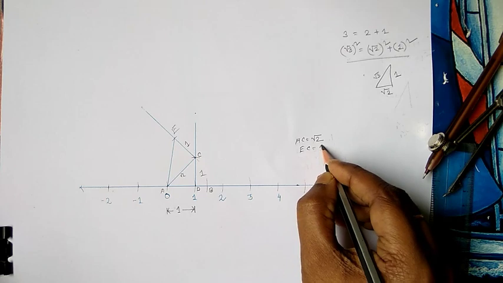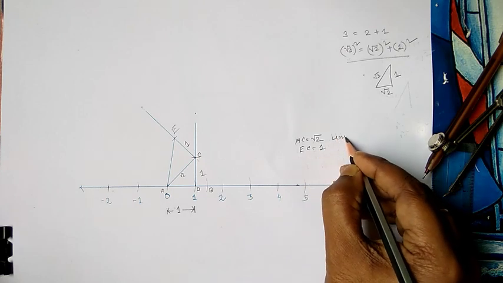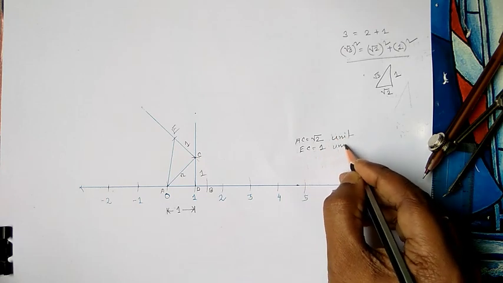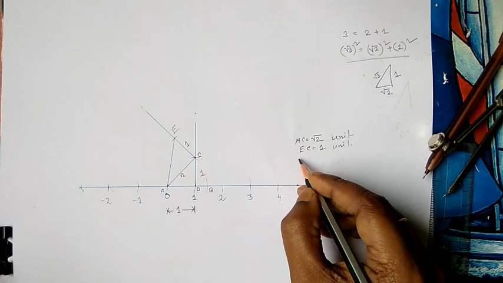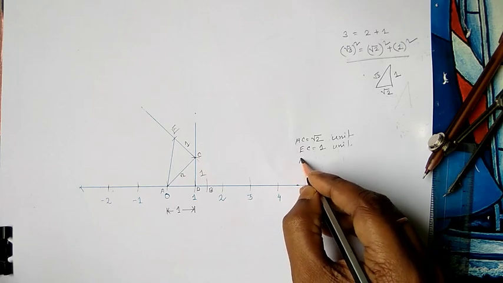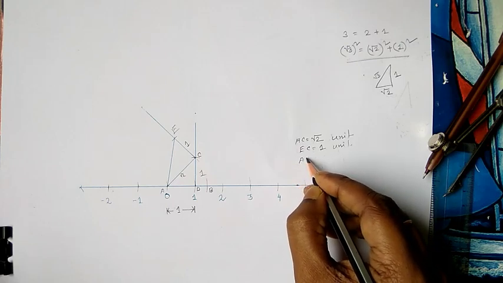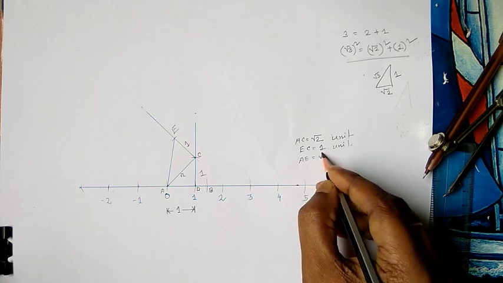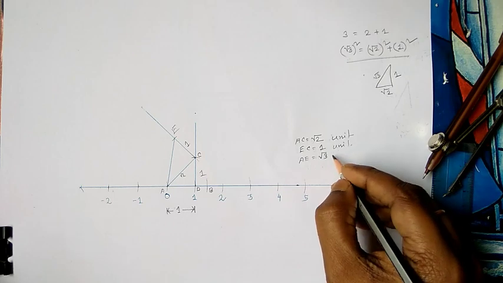EC equals to 1 unit. Therefore AE equals to root 3 unit.